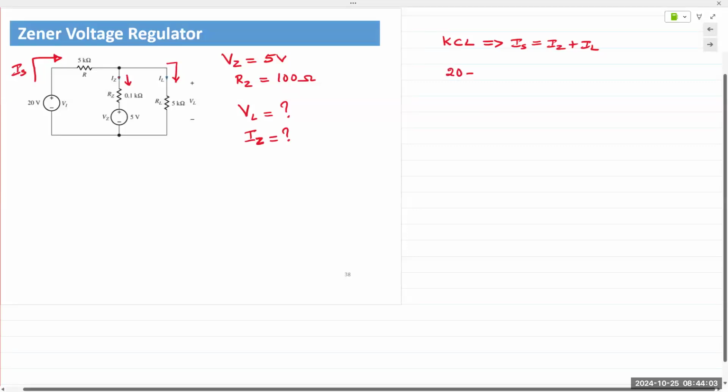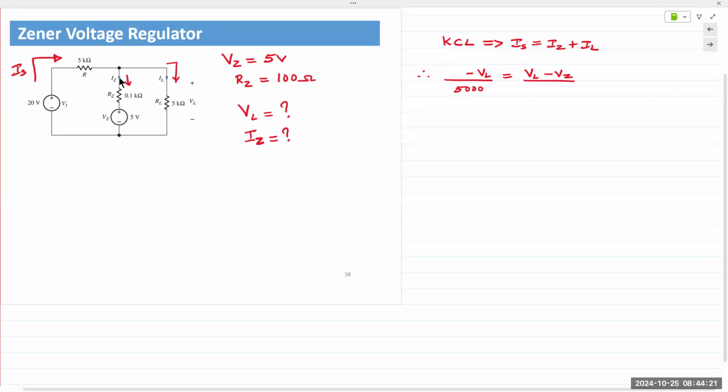Actually, let me write out the equation first. I went straight into the values. So IS is VS minus VL divided by R, IZ is VL minus VZ over RZ, and then IL, of course, is VL over RL. Simply expressing each current in terms of the node voltages.